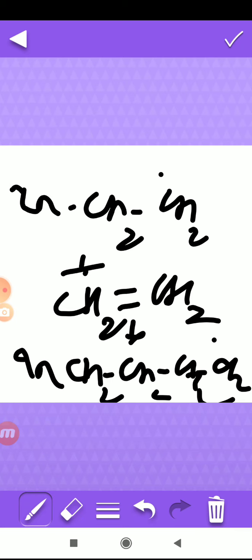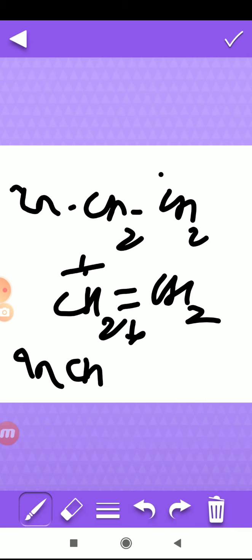So this is called the chain propagation step. Here the size of the chain is increased.